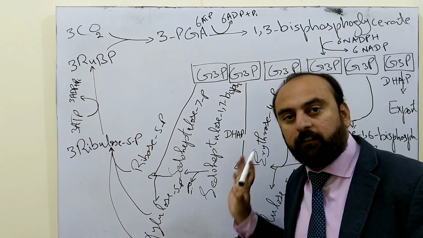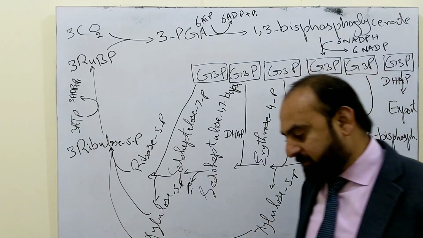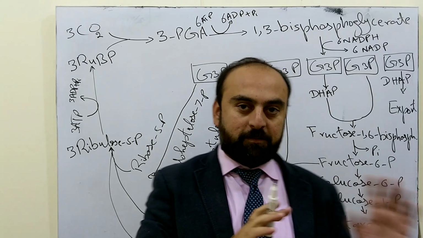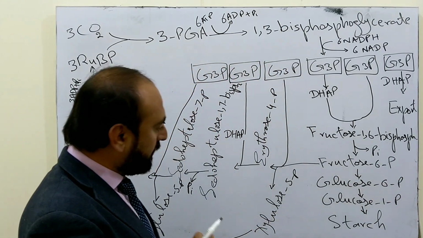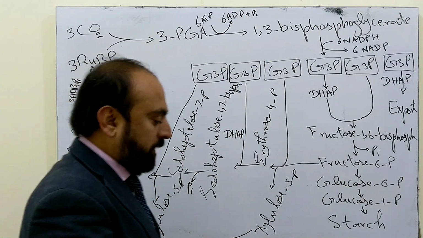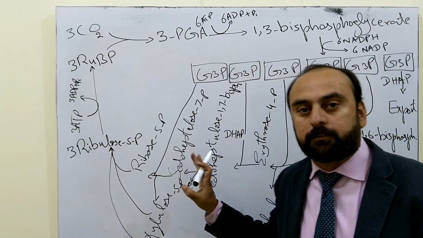So, a pretty simple cycle. I'm going to explain it in an easy way. The easiest way to explain this is in terms of carbon numbers.